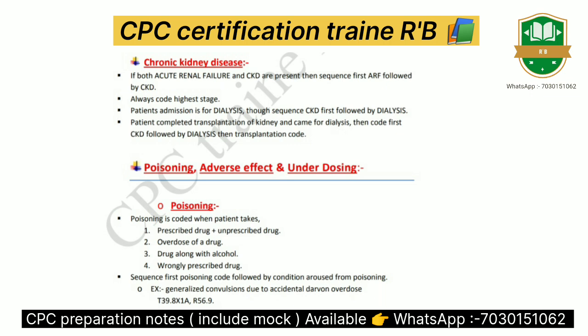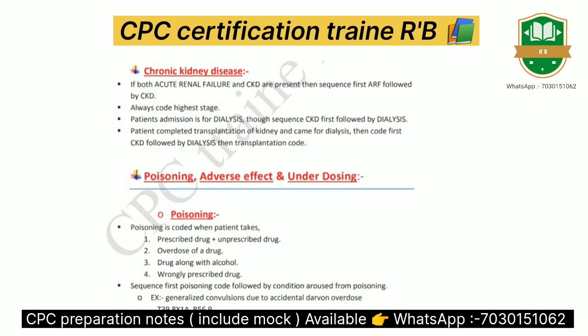CKD stages 2, 3, 4 are reversible and 5, 6 are irreversible stages. You capture the lower stage up to stage 4. If CKD 5 and 6 stages are both available, then you capture the higher stage directly. And if stage 1 plus dialysis is available, then you capture dialysis directly. It means ESRD code N18.6 plus the additional Z99.2 dialysis code.